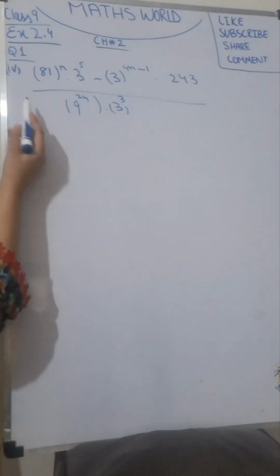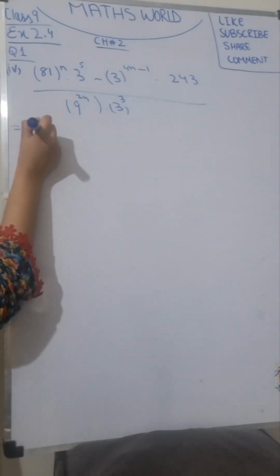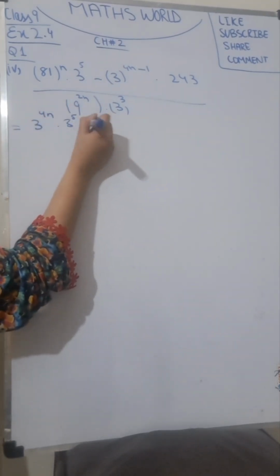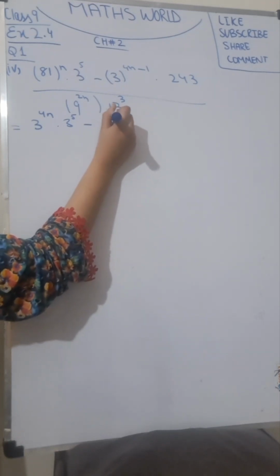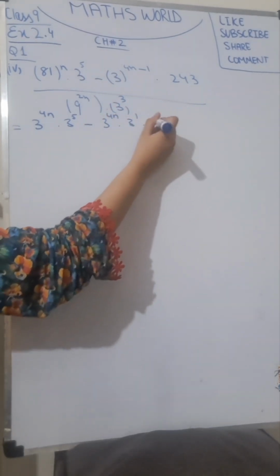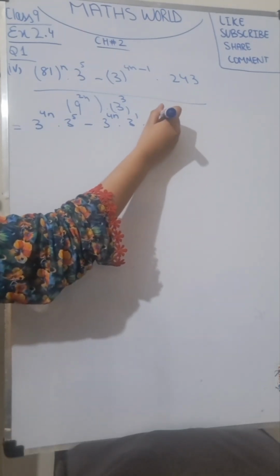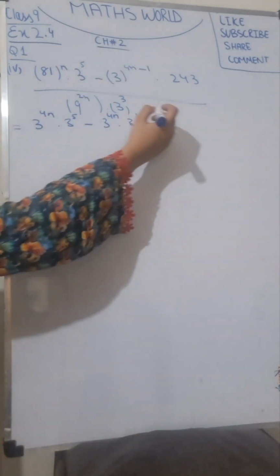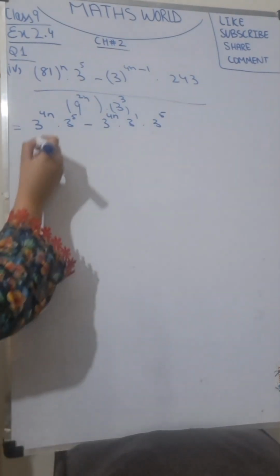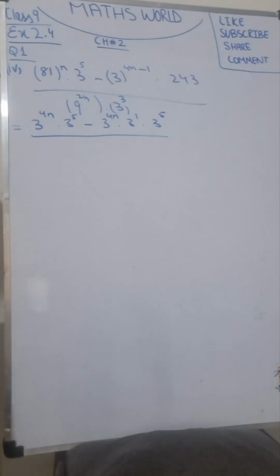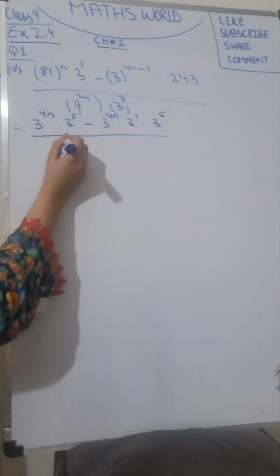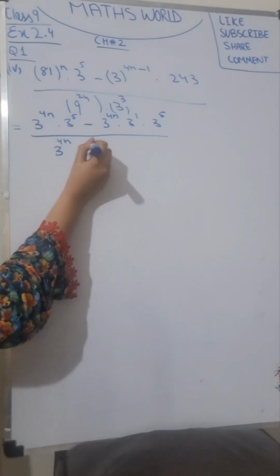So 81 is actually 3^4, and 3^5 minus 3^(4n − 1) can be written as 3^4 and 3^1... 243 is 3^5, and 9 is 3^2, so 9^2n becomes 3^(4n), times 3^3.